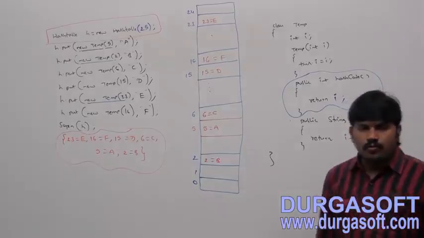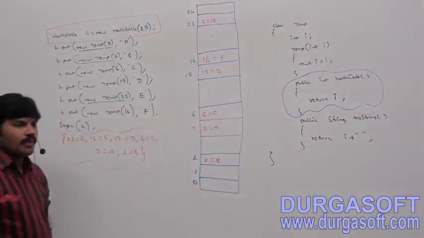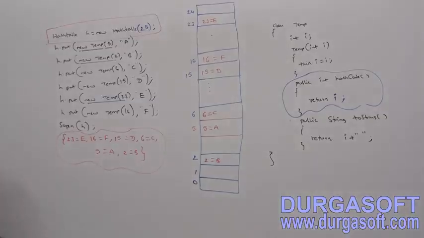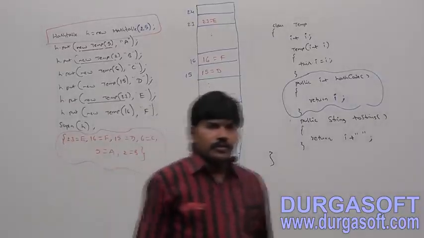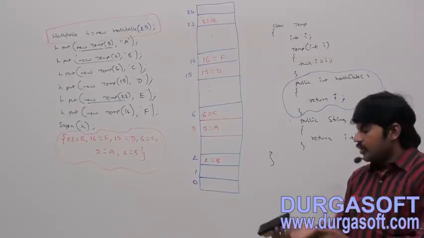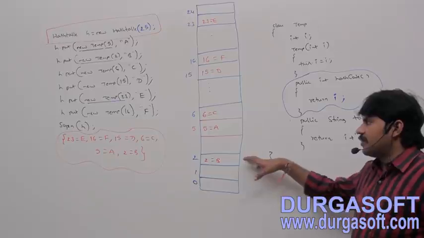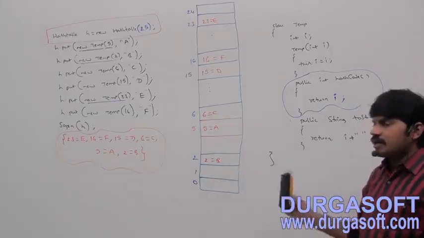So take the corresponding output also. Completed, right? 23 is equal to E, 16 is equal to F, like that. So based on the hash code of the keys, the entries will be saved in a hashtable. Practical proof for you people. Okay, that's all. There ends the Hashtable concept.